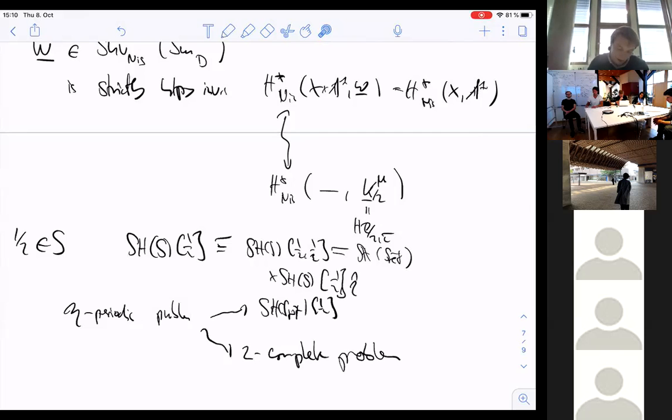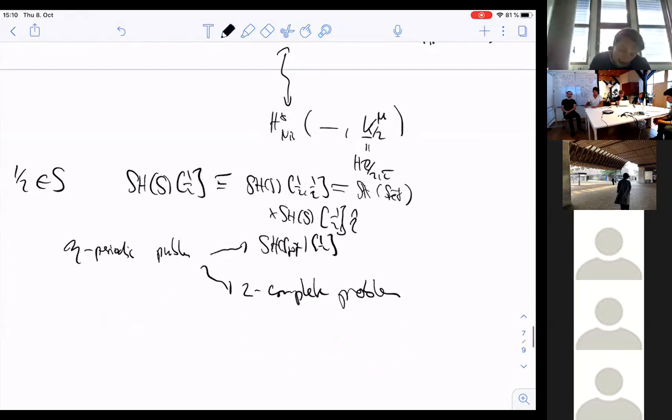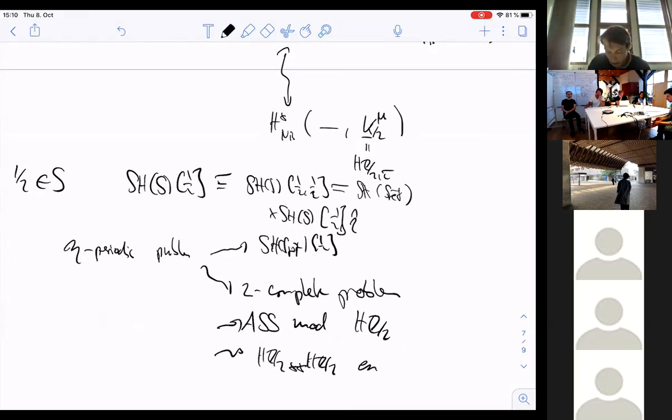And how can you attack a two-complete problem? We're going to attack it basically via something like the Adams spectral sequence mod 2, something like HZ mod 2, and then the Steenrod algebra enters. So the Steenrod algebra HZ/2 star star HZ/2 enters.